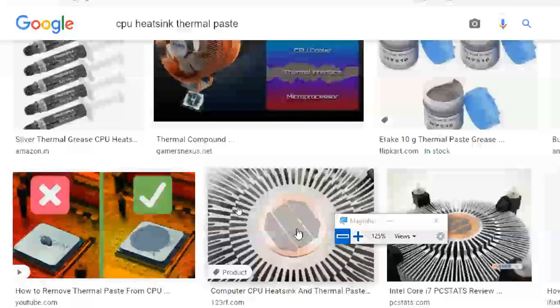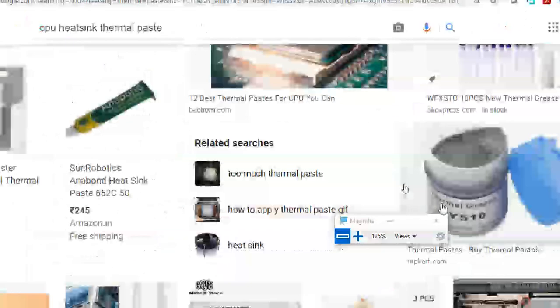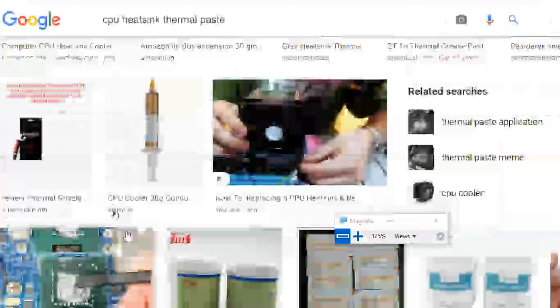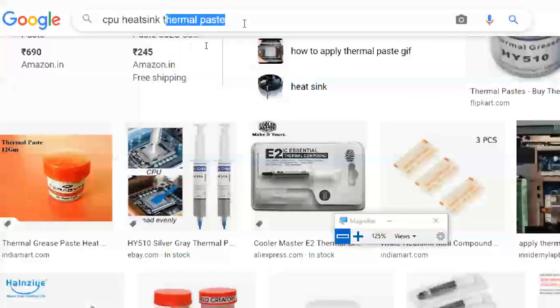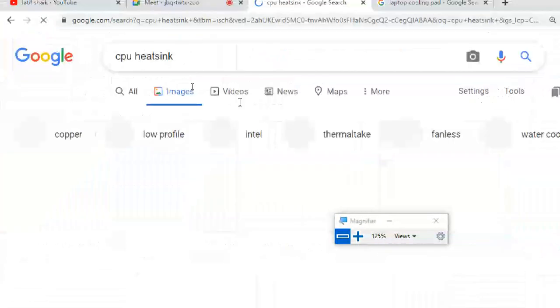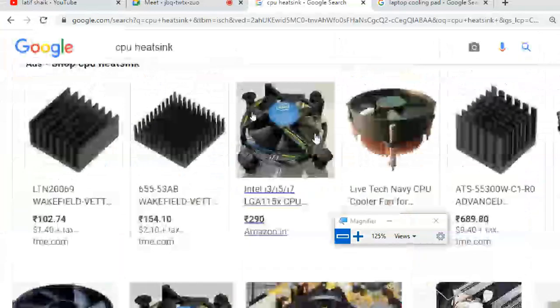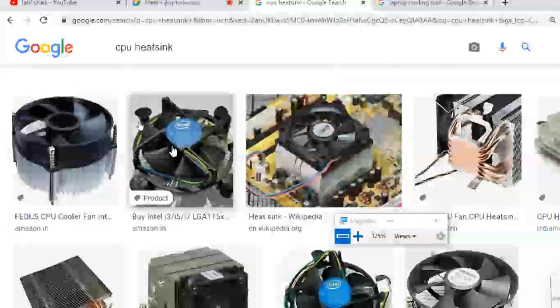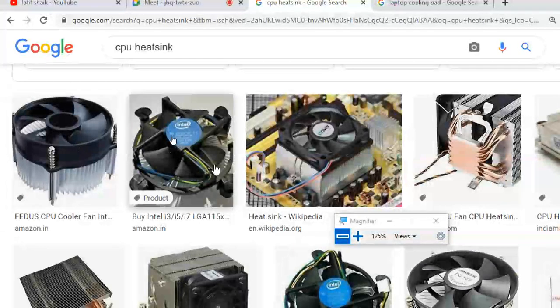This is the fan assembly, I will show you. Can you see this fan assembly? This fan and heat sink sometimes get more dust inside.